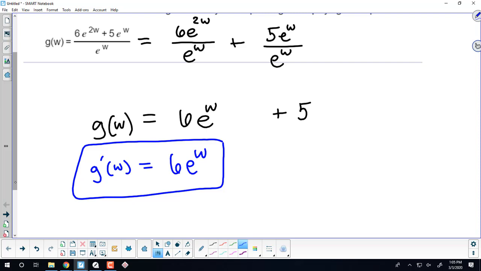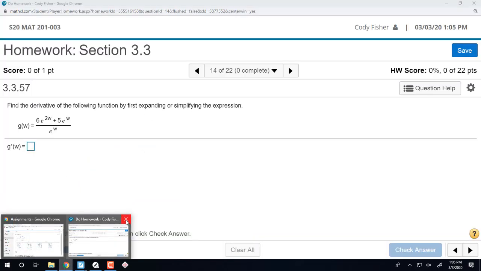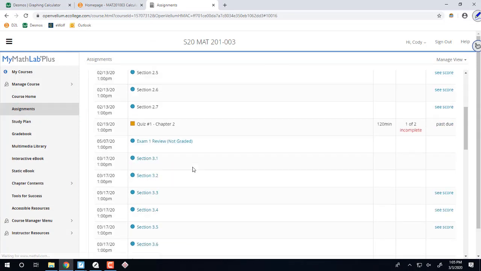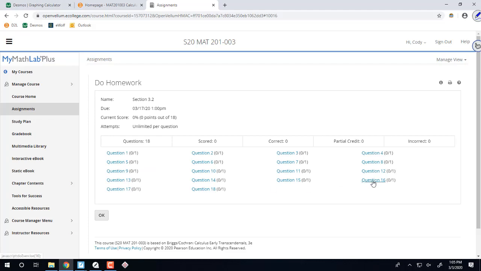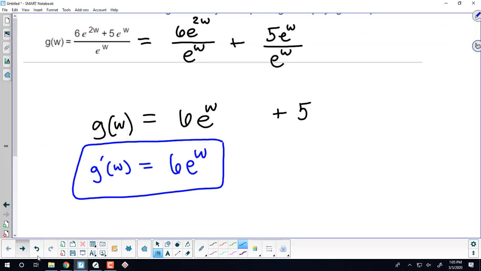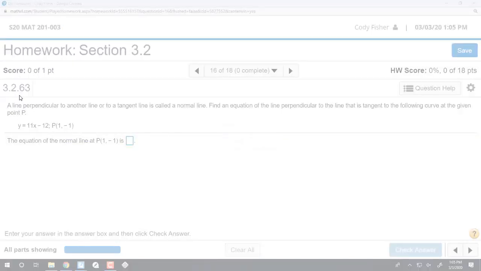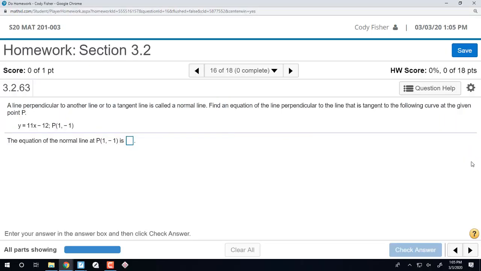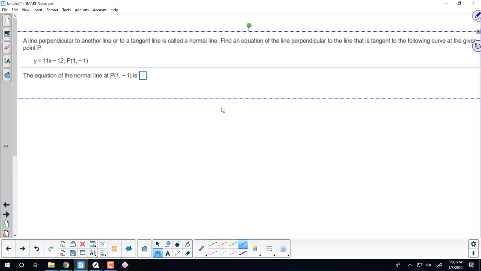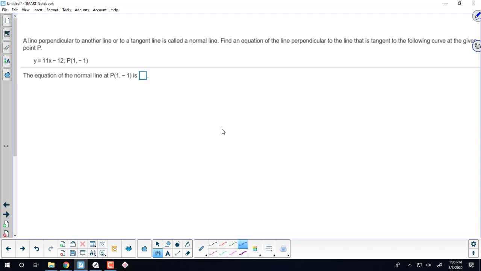Yeah. Going back again to 3.2, question 16. So it says a line that's perpendicular to another line or to a tangent line is called a normal line.